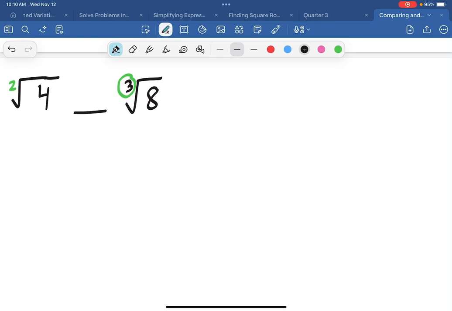Obviously, the square root of 4 is 2, so we could have 2 and 2 here. On the other hand, the cube root of 8 is also composed of 2.